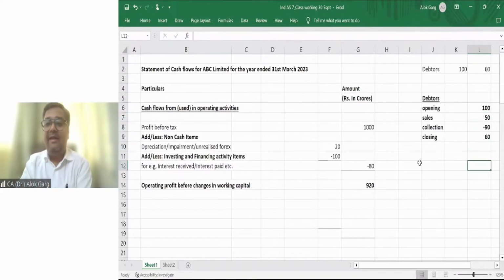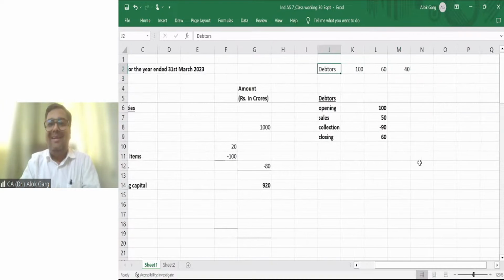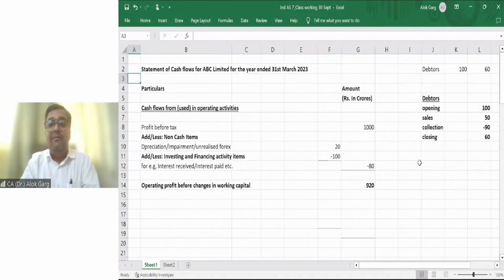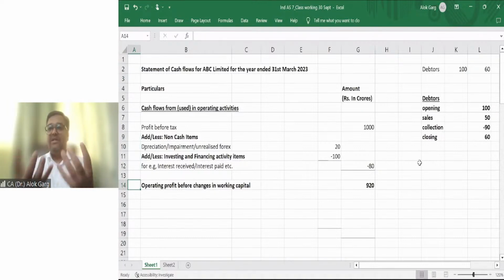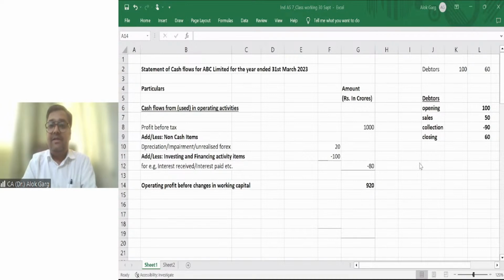So that is why, when there is a decrease in debtor, when there is a decrease in current asset, it means there is a cash inflow. The decrease in debtor means it is cash collected. It means it is a cash inflow.